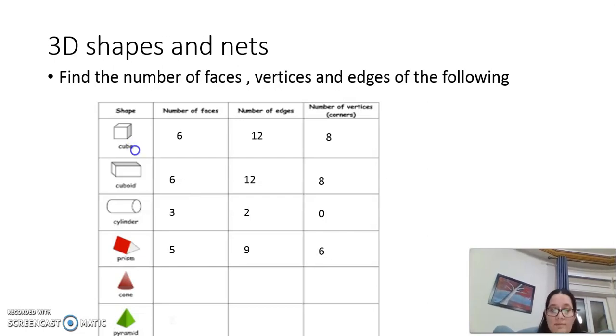The cone has 2 faces, 1 edge, and 1 corner or vertex. For the square-based pyramid, we have 4 plus 1, so 5 faces, and 4 times 2, which is 8 edges, and 4 plus 1, which is 5 corners or vertices.